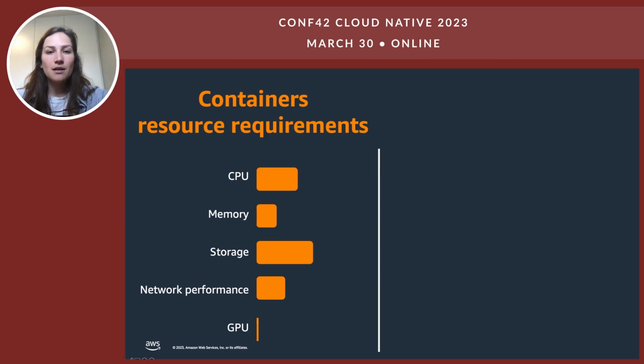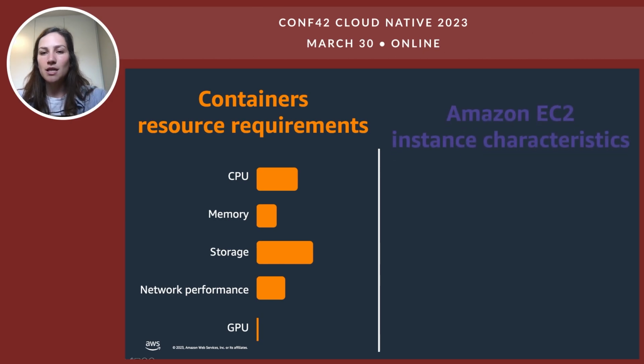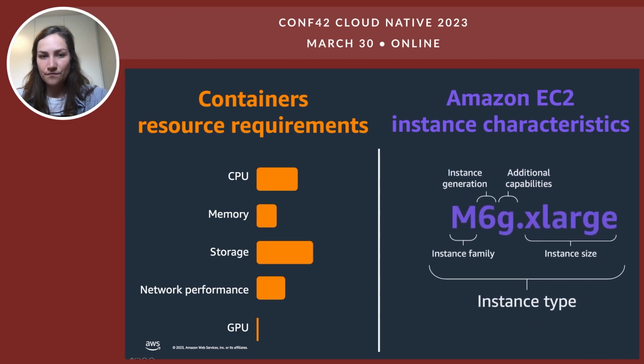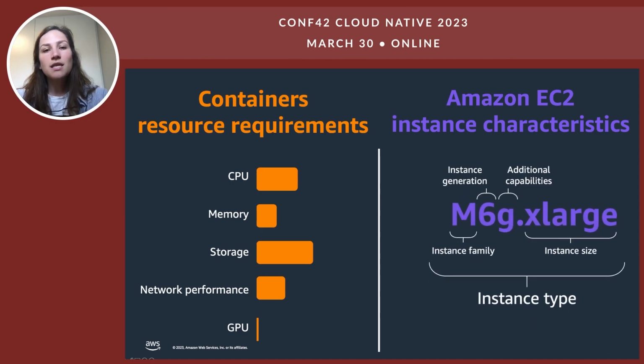On the other hand, we'll have EC2 instances that provide a set of resources that will support the needs of your applications. The EC2 naming convention represents the amount of resources that you get from each instance. The instance size, what we see here is extra large, represents the amount of CPU that the instance is providing.